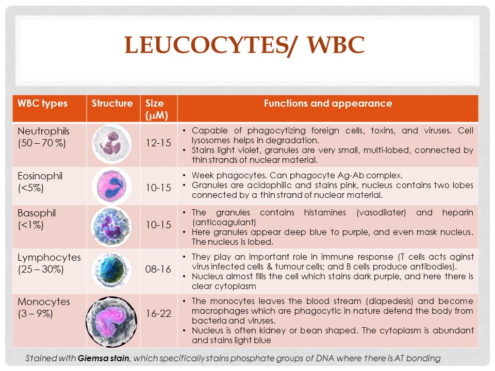And once this monocyte leaves the blood, it can turn into a macrophage. Macrophages also have high phagocytic action, and it helps in the body's defense against bacteria and viruses. And here the nucleus is often a kidney or bean-shaped structure, and the cytoplasm is more compared to the lymphocyte, and it can stain light blue.